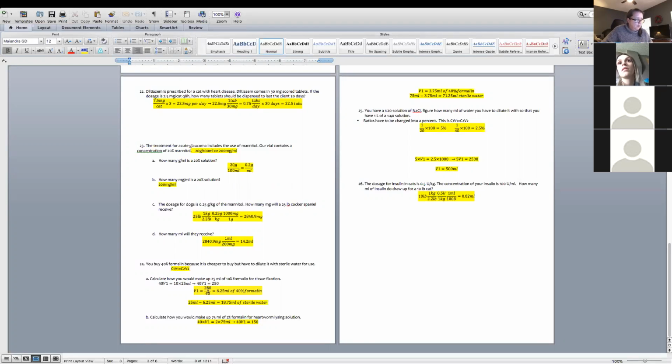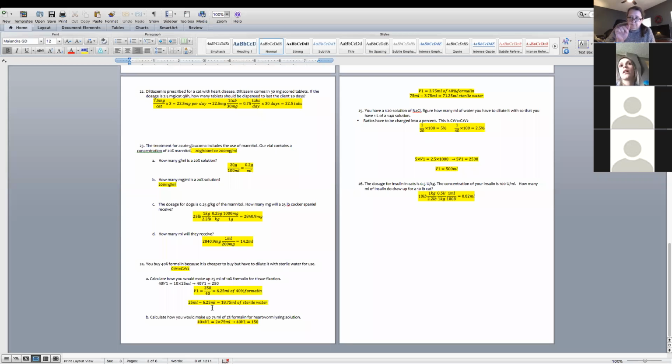And what we end up doing is you multiply the mLs that you want by that percent. So 25 times 10 gives you 250. And then you divide it by the percentage of the solution you have. So 250 divided by 40 gives you 6.25 mLs.